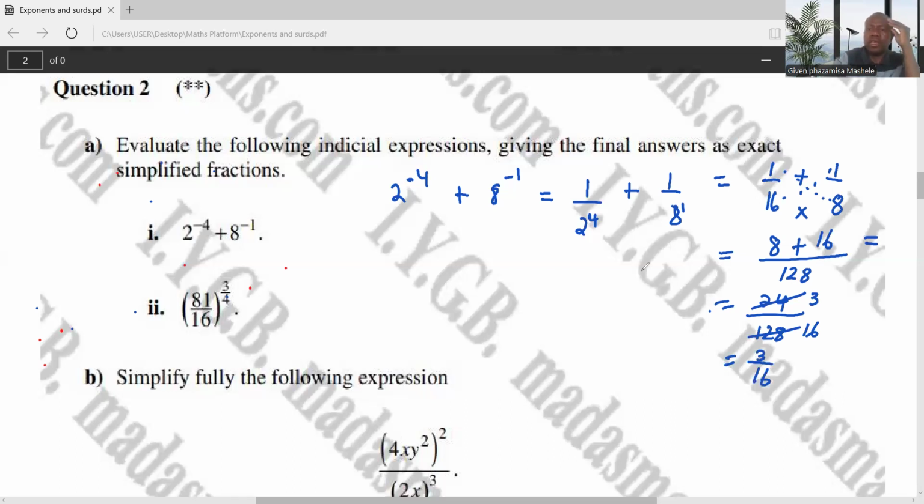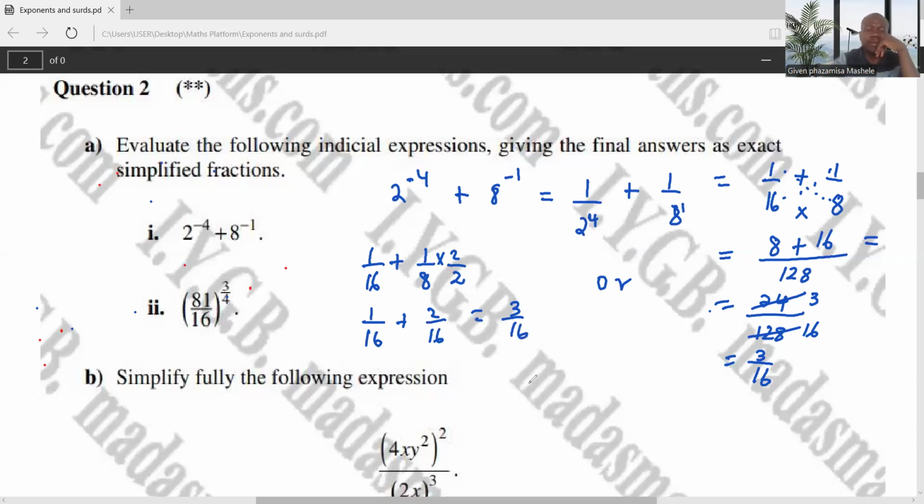Or another way would be, if we had 1 over 16 here, plus 1 over 8. Since the highest denominator is 16, this can become 16 if we multiply by 2 on both sides. So it's going to be 1 over 16 plus 2 over 16, and this gives us 3 over 16.